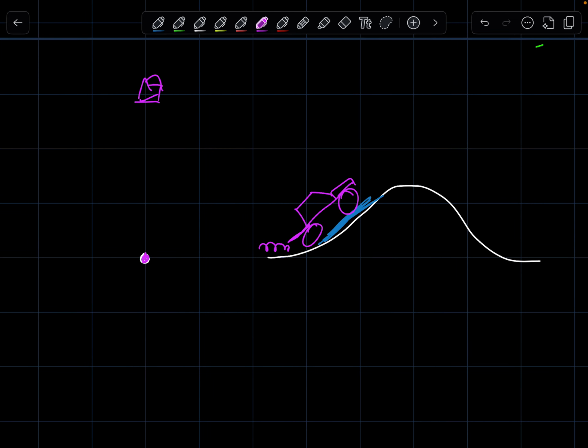We're driving, and then we forget our wallet again, so we need to drive back. But on the way back, we have this hill. Now, our car is going to represent our body, and our body is running.